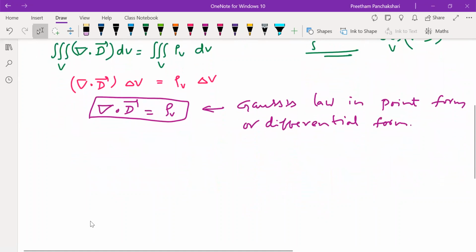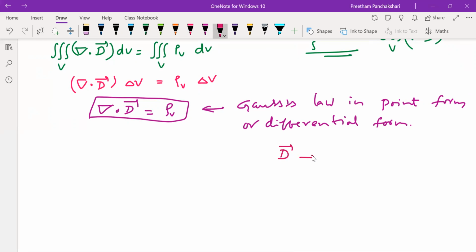Now we shall proceed from this point form of Gauss law to Laplace equation. In the Laplace equation, we would like to explain the potential distribution in a system. So I would like to convert the electric flux density D to electric potential V. For that, I'm going to take up these steps.